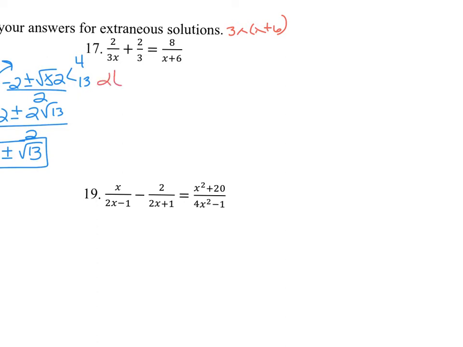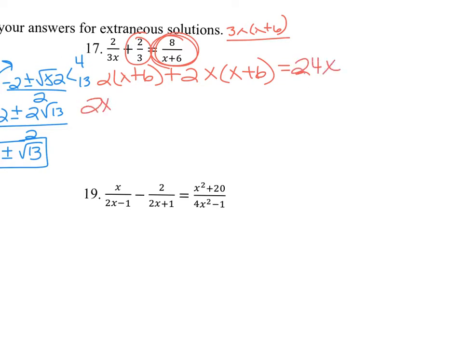So I'm left with 2 times x plus 6. Plus, if I multiply the second term by this, my 3's are going to cancel out. So I'm left with a 2 and an x plus 6. If I look at my last term, my x plus 6's are going to cancel out. So I'm left with an 8 and 3x, which makes 24x.